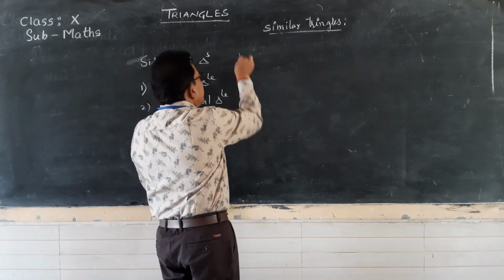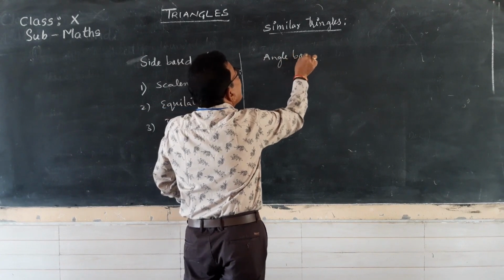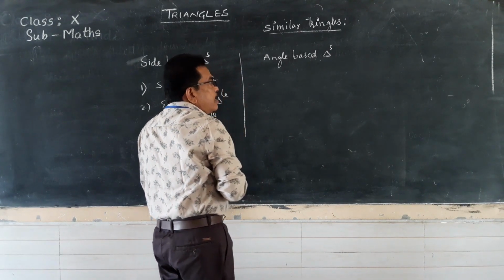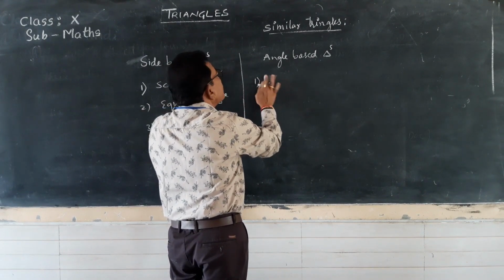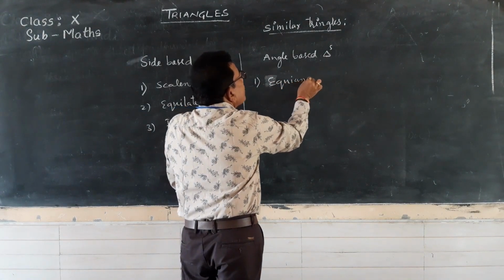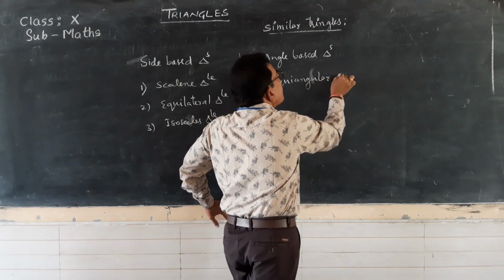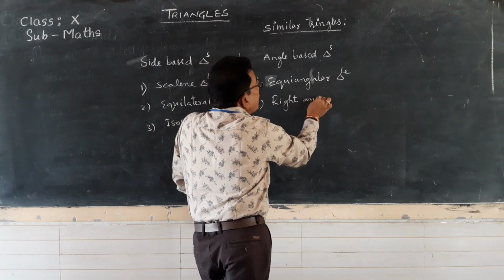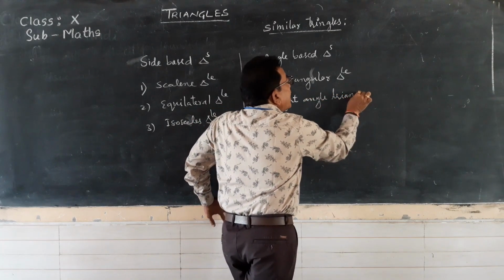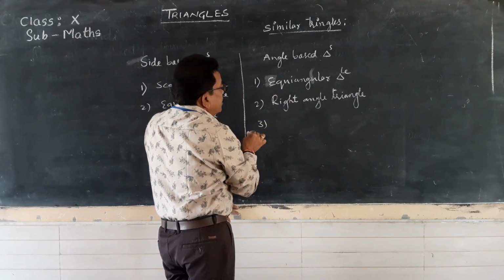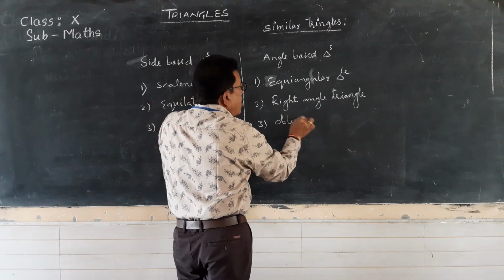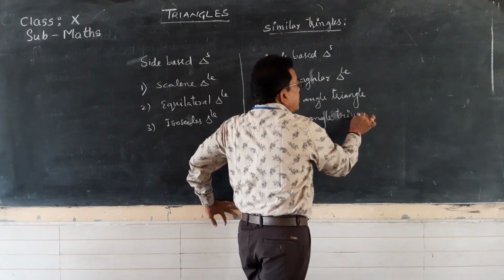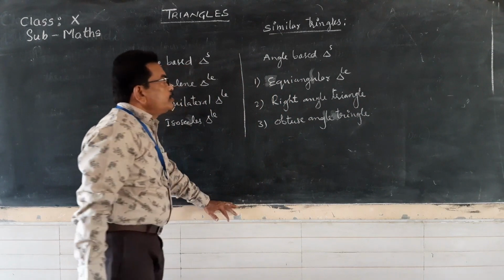Then angle based triangles. The first one, equiangular; the second, right angle triangle; the third one, obtuse angle triangle.